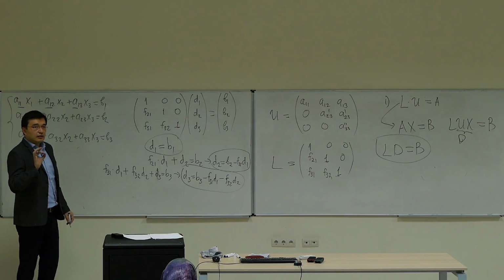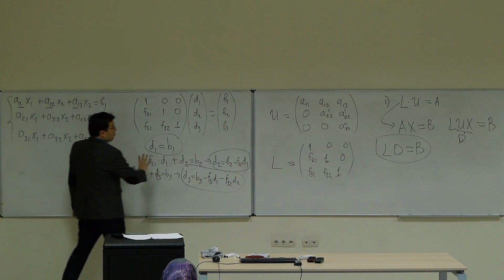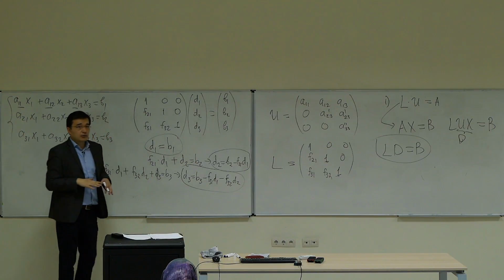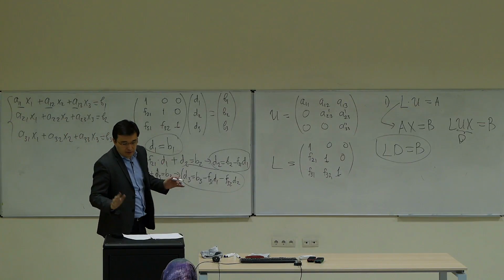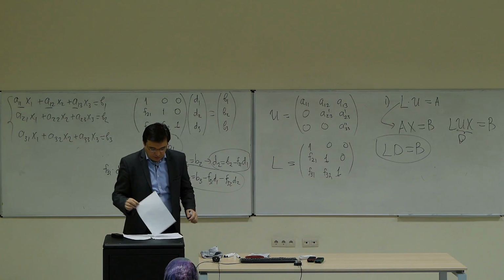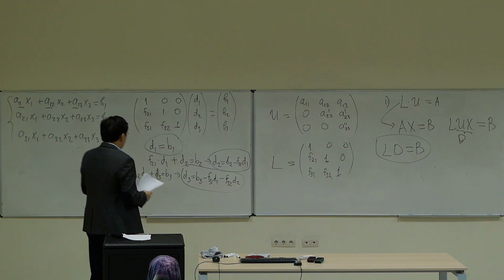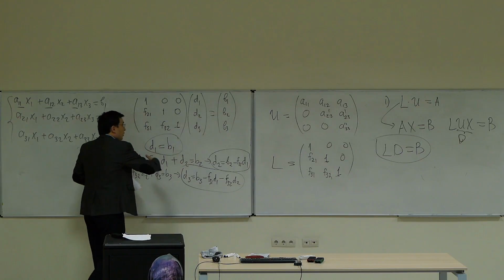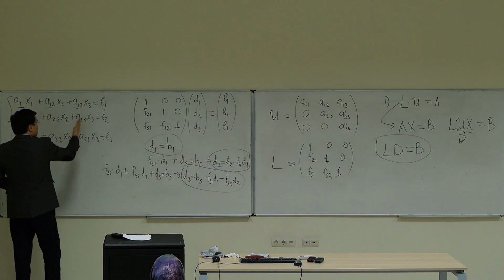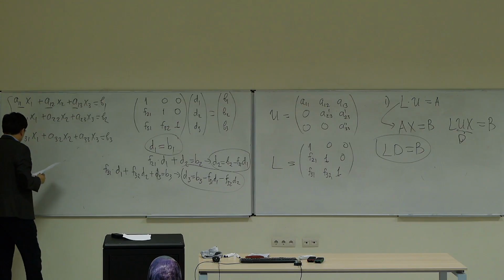I'm showing it in the three-dimensional case. Extension to more dimensions is conceptually really trivial, right? I can write the expression as a for loop. The algorithm for generic n, where n is the order of the system, is the following.